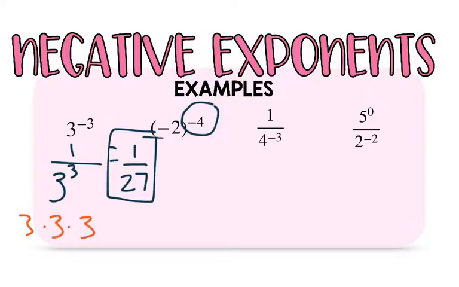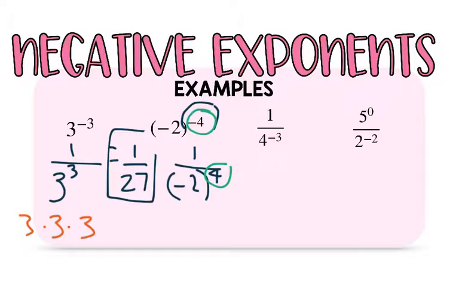I know it's in the numerator because there was no fraction bar, so there was nothing in the denominator, or you can think about it as being 1 in the denominator. And so I'm going to flip this and move this whole thing to the bottom. So it would be 1 over negative 2, still in parentheses, to the positive 4 power. So the only thing that changed is that negative 4 exponent became a positive 4 exponent in the denominator.